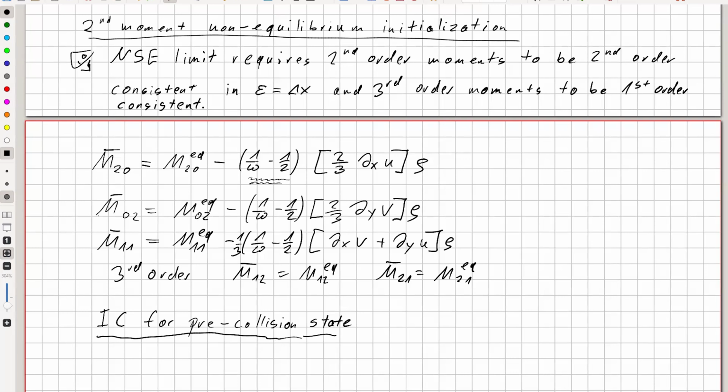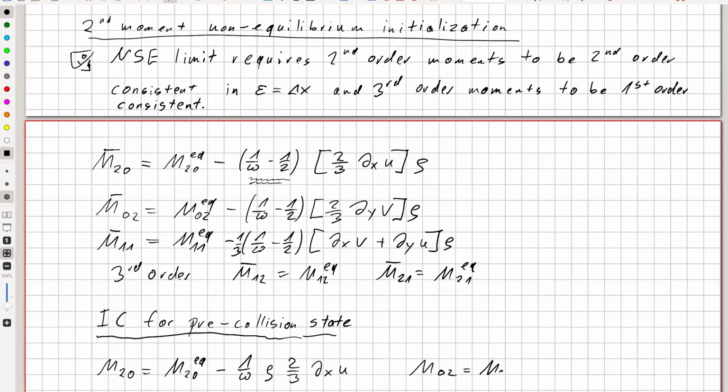Now I'm assuming that we start with a pre-collision state, and when we start with a pre-collision state, then M20 becomes M20 equilibrium minus 1 over omega rho 2/3 dx u.